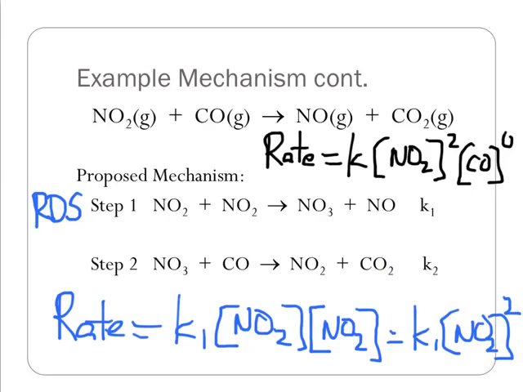We think an NO2 has to bang into another NO2 during the slow step. Therefore, if I mess with the concentration of NO2, I will mess with the rate of the reaction. And since NO2 appears twice in my slow step, it will have a squared influence on the reaction's rate. So it will be second order.